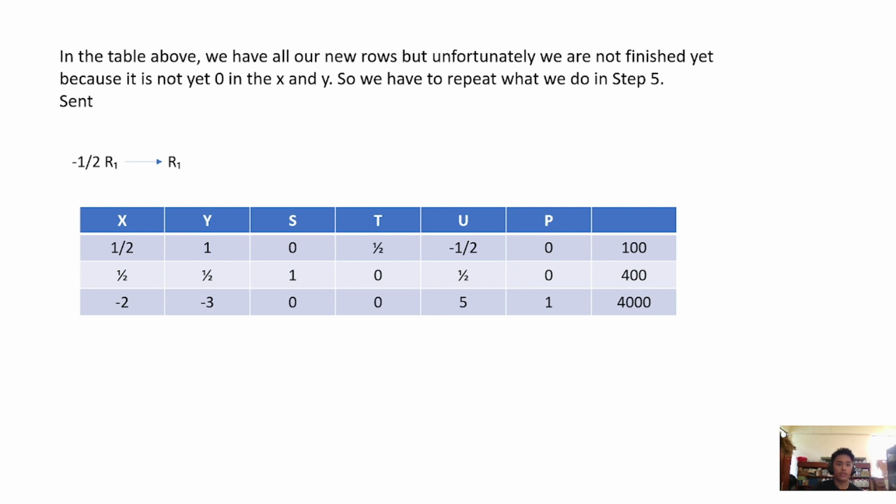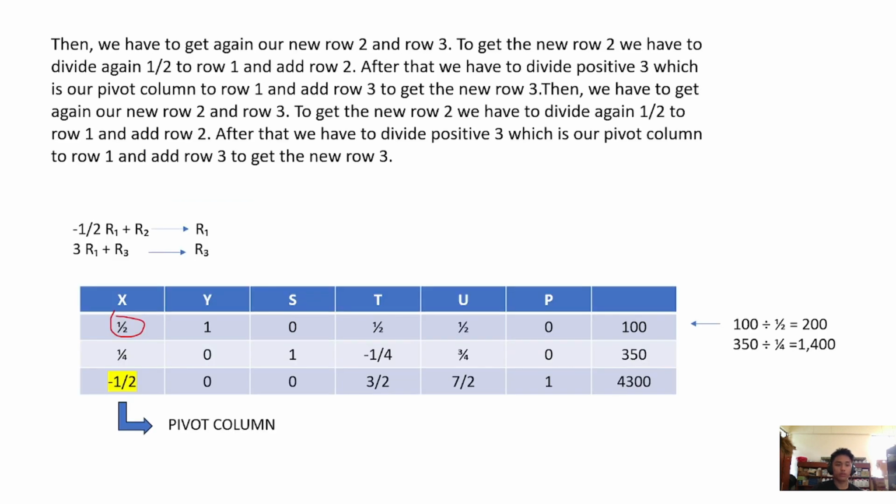Then we have to get a new row 2 and row 3. To get the new row 2, we multiply 1/2 of row 1 and add row 2. And then we multiply positive 3 with our pivot column to row 1 and add row 3 to get the new row 3.